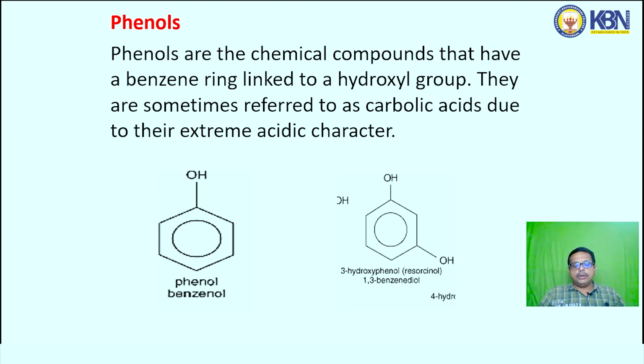That means the benzene ring contains two OH groups. One of the OH groups is present on the first carbon and the second OH group is present on the third carbon.